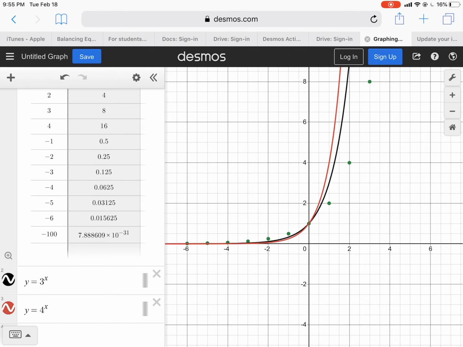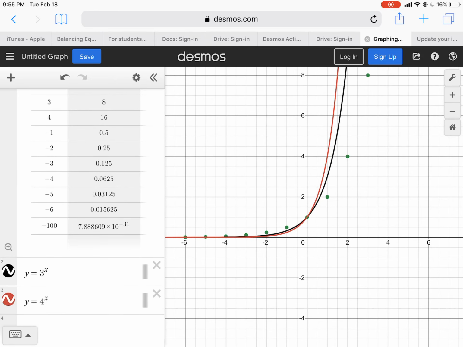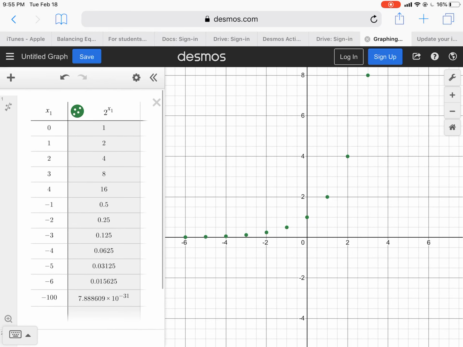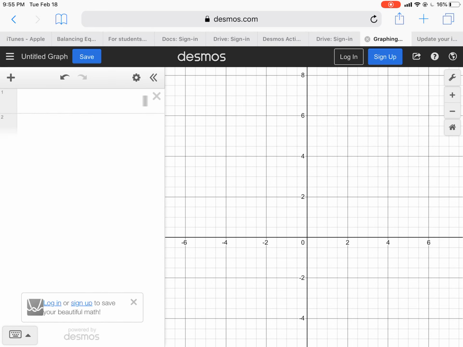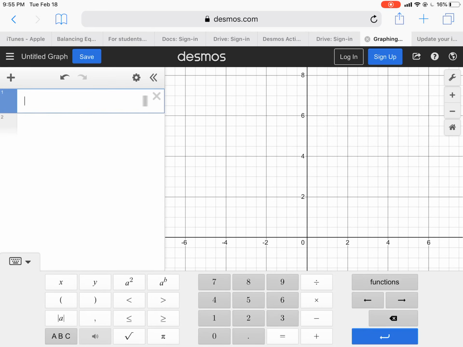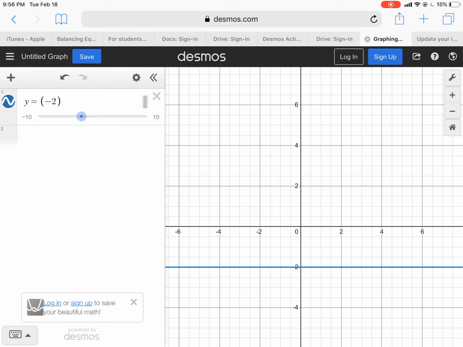Now, I do want to show you what happens because it's really kind of interesting. I'm going to pull out the whole thing. What happens if I put in a negative value? So y equals, and we're going to put in a -2 to the x power. I want you to think about this before I put it in, because I'm talking about -2 to the first power, -2 squared, -2 to the third, -2 to the fourth.